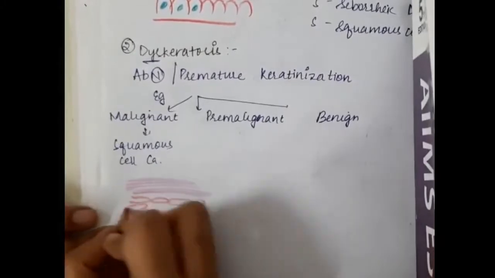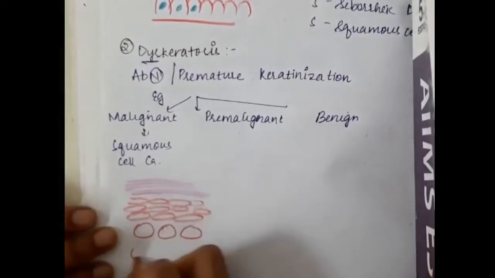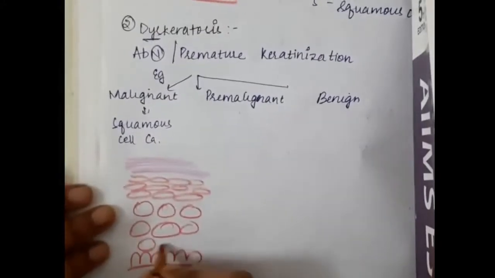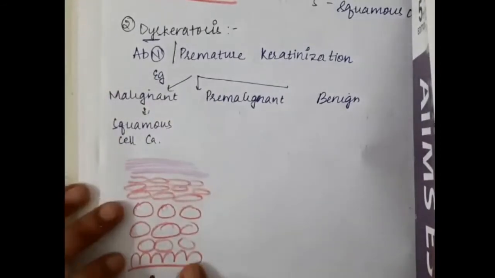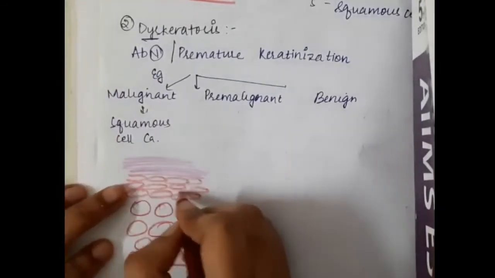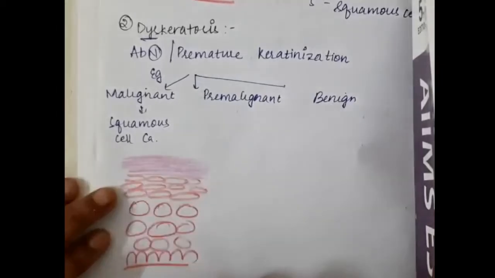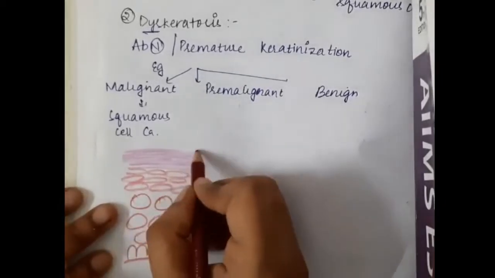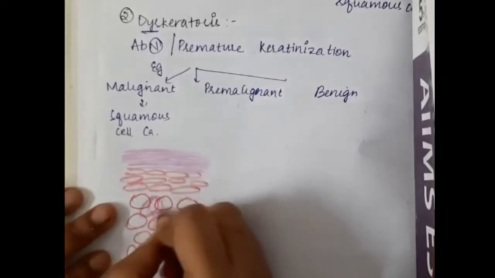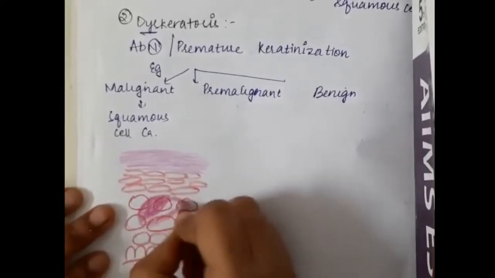See, these are the layers of the skin, superficial being stratum corneum, then stratum granulosum, spinosum and stratum basale. Here there is presence of dyskeratosis or keratin pearls in an abnormal location.